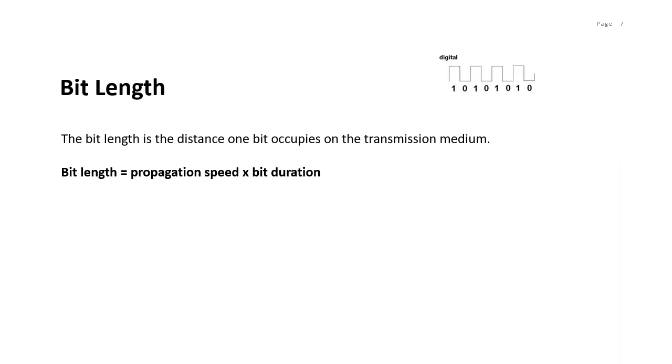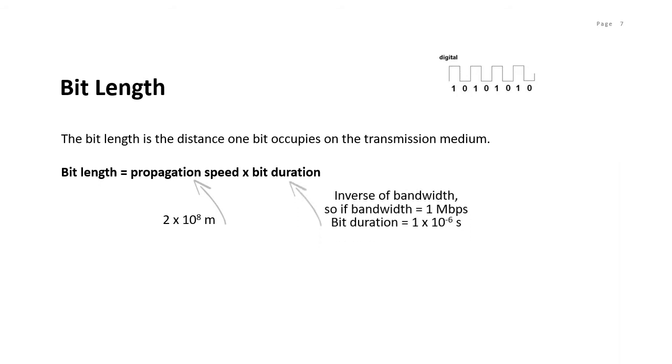For bit length, we have bit length equals propagation speed multiplied by bit duration. So you will need to have this information. Typically we have 2 times 10 to the power of 8, and let's say that the bandwidth is 1 megabit per second, so the bit duration is the inverse of the bandwidth, and we get 1 over 1 times 10 to the power of minus 6, which is 1 microsecond.